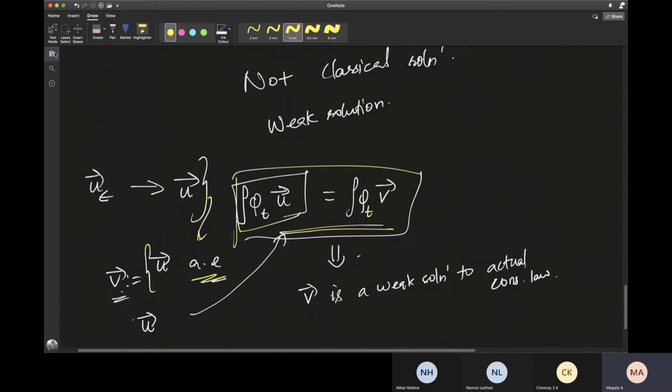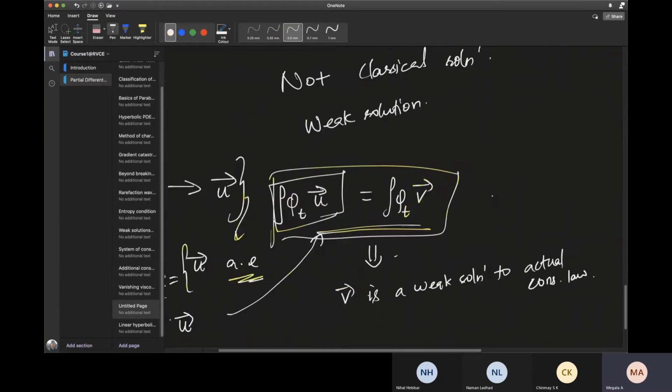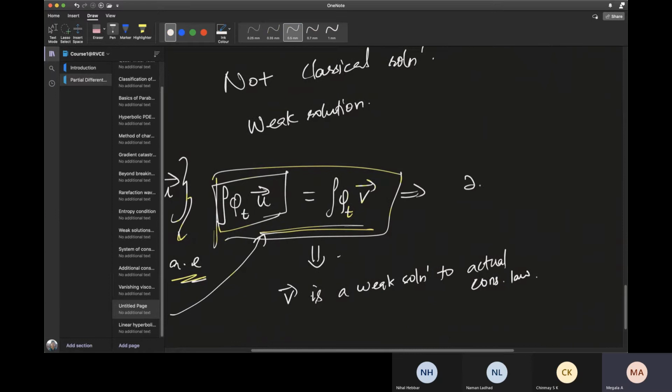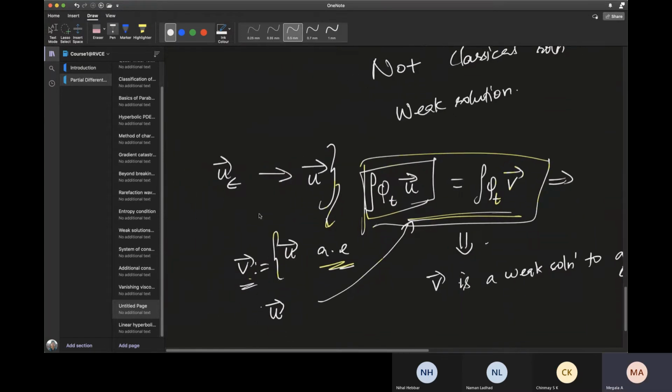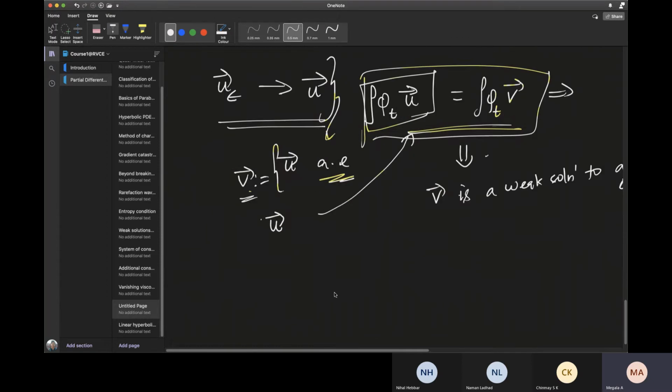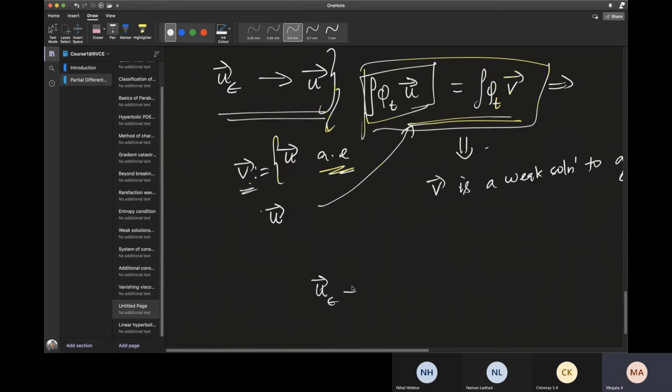So if this is true, then we'll have something like this: phi t into... we said that u vector epsilon approaches u vector almost everywhere.